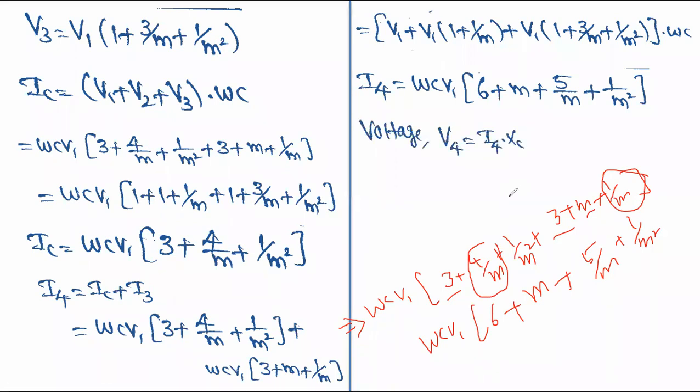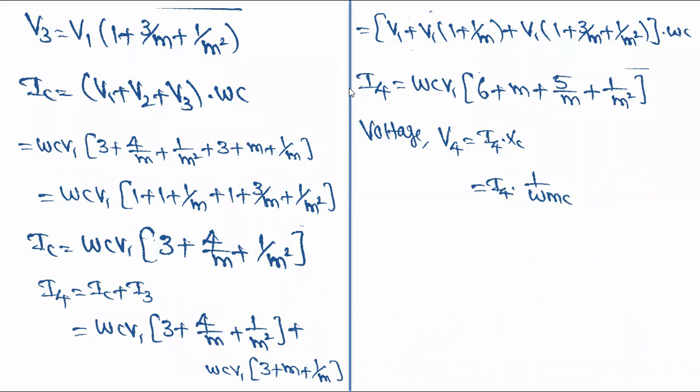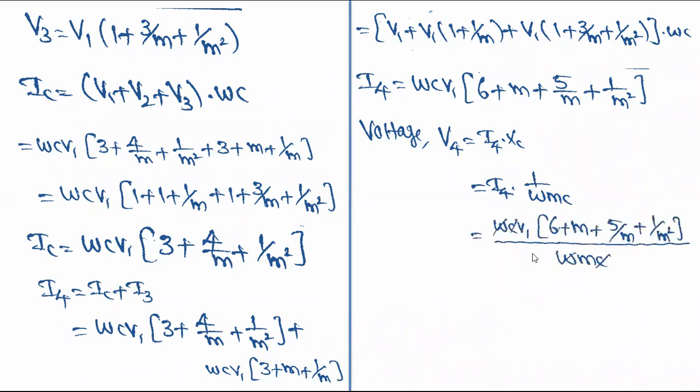Now the voltage V4 equal to I4 into XC, that is I4 into 1 by W into MC. Already we know the value of I4. Substitute here, WC V1 into 6 plus M plus 5 by M plus 1 by M square, over the denominator W M C. Numerator and denominator WC get cancelled. Finally we are getting V1 by M into 6 plus M plus 5 by M plus 1 by M square.